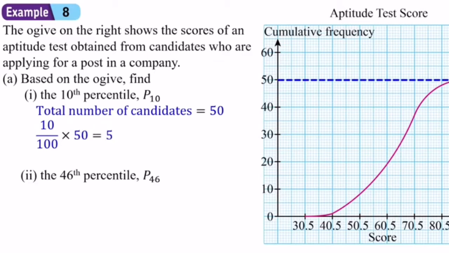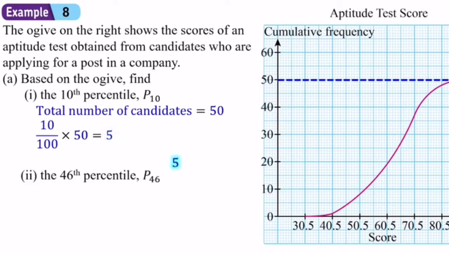So we will go to the cumulative frequency, and then we will read out the score for 5 as we read from the cumulative frequency axis.